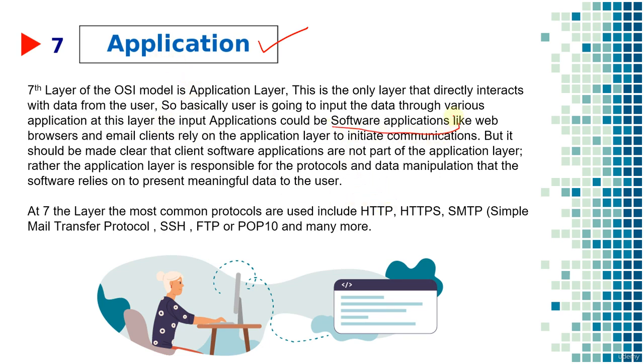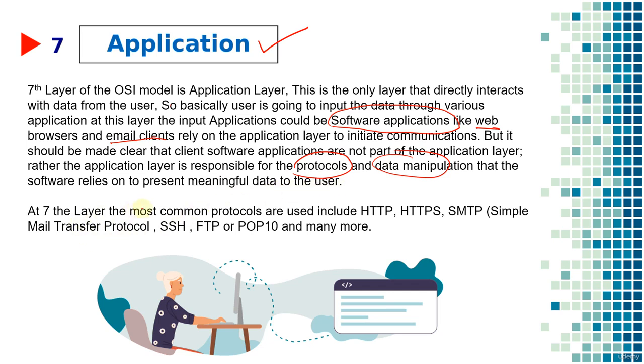This could be a software application like a web browser or an email client, which relies on the application layer to initiate communications. But it should be made clear that client software applications are not part of the application layer. Rather, the application layer is responsible for the protocols and data manipulation that the software relies on to present meaningful data to the user.